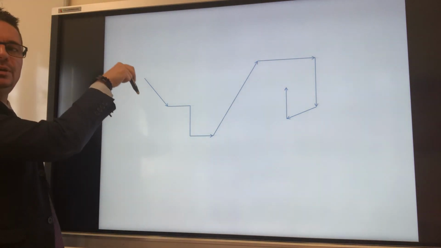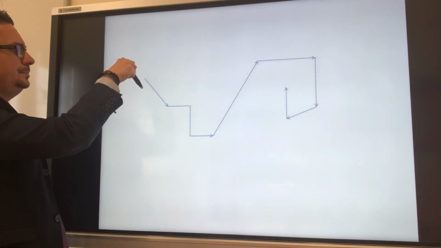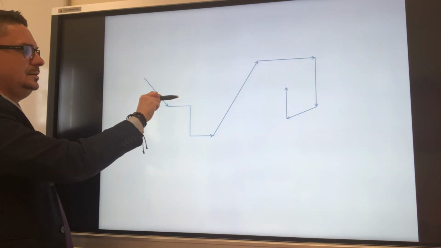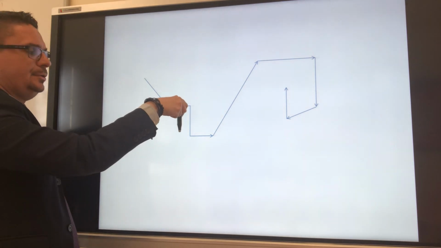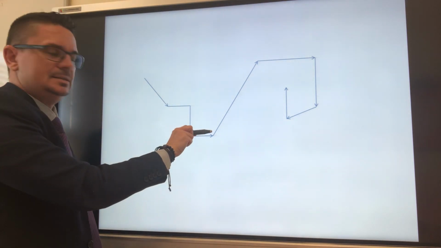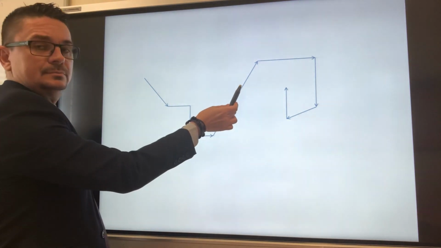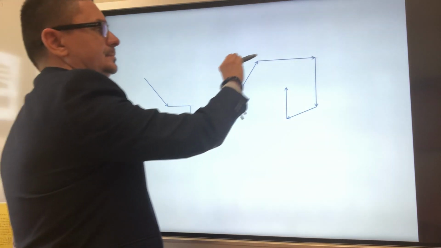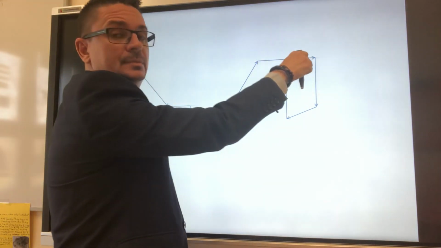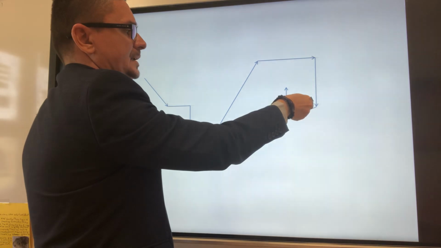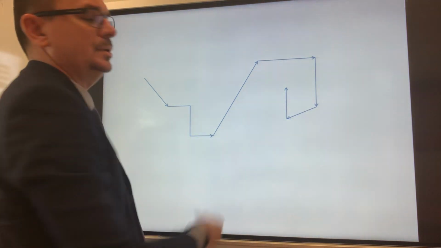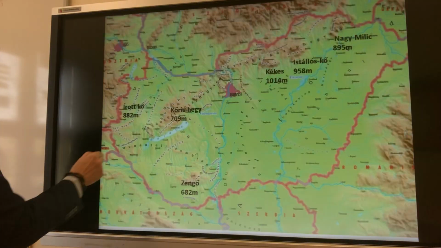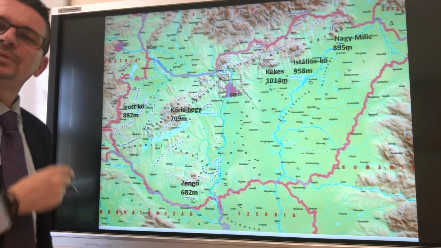This one is pointing to south, east, east, south, east, northeast, east, south, southwest, and back up north. Okay, good.